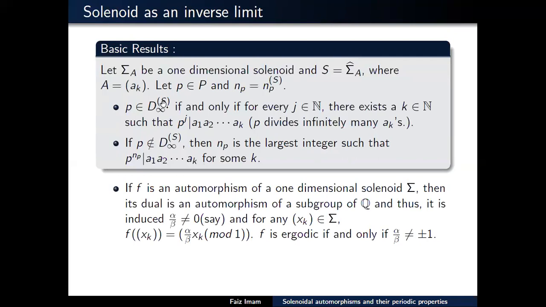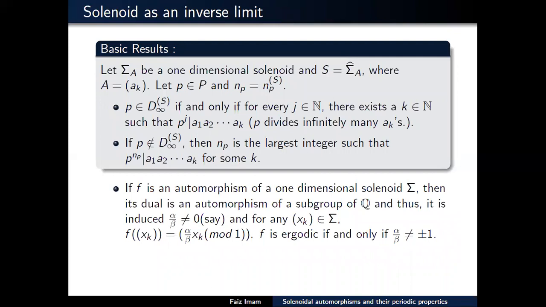Moving ahead, for a dynamical system, I already told you that we have X, a topological space, and a self map. Currently we are dealing only with automorphisms.